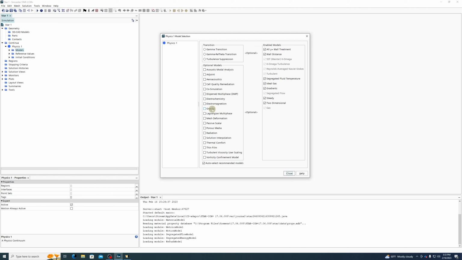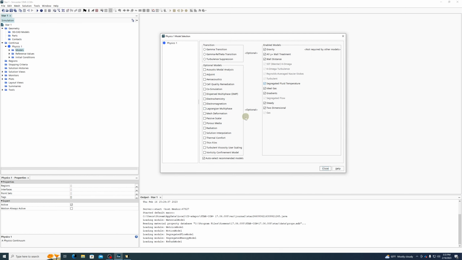It is a body force, which can affect the flow if it's doing significant vertical changes in the direction of gravity, or in the anti-direction of gravity, that is up or down. So gravity can matter significantly in some situations. So we'll select gravity for the moment.